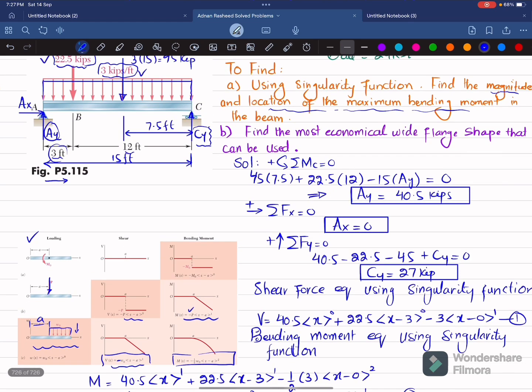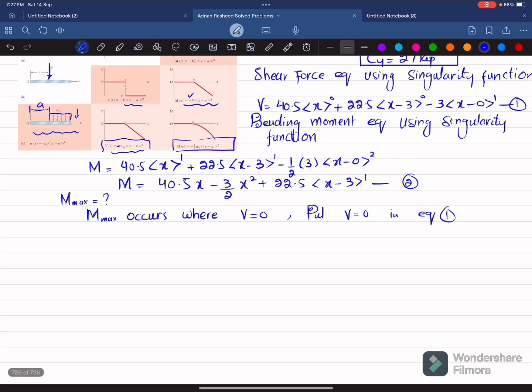So we will see that this is 3 feet distance from point A to B. Clear? So for x greater than 3 feet and less than 15 feet, there is a point where the shear force will be equal to 0. Let this point be xd. So we will find it, xd is greater than 3 feet and less than 15 feet.